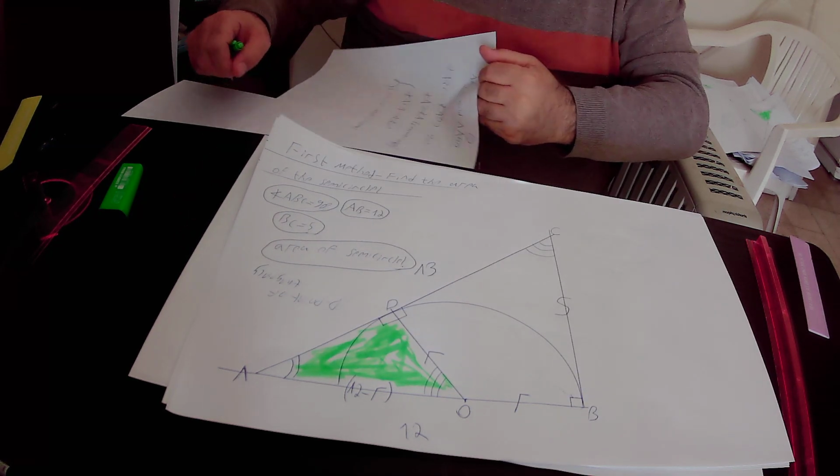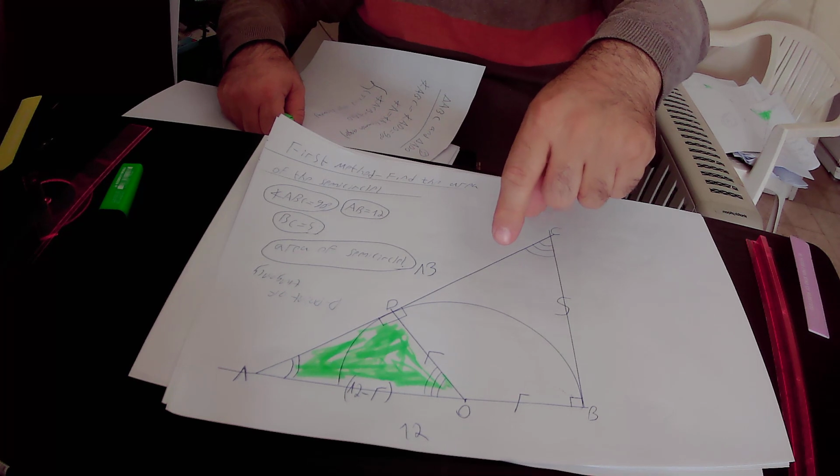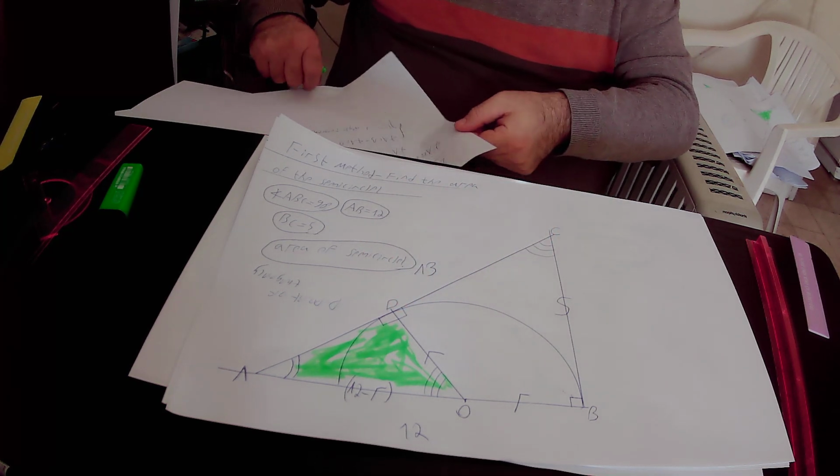So we actually proved that all three angles in triangle ABC are congruent to all three angles in the green triangle, triangle ADO.